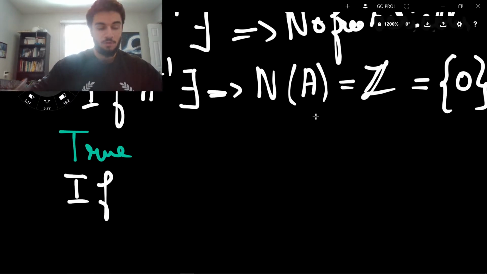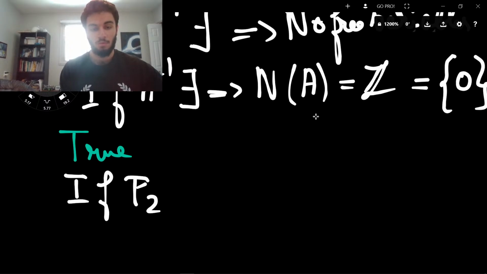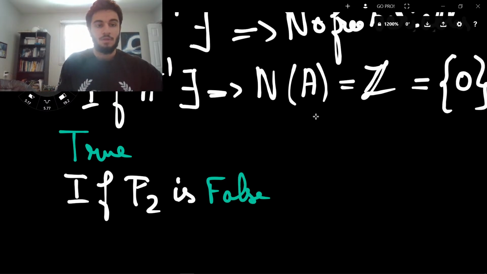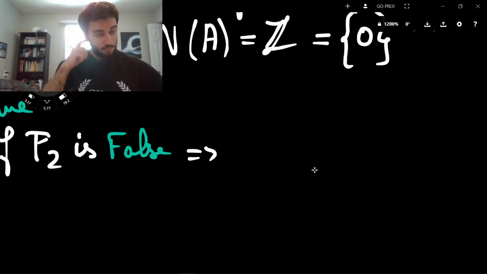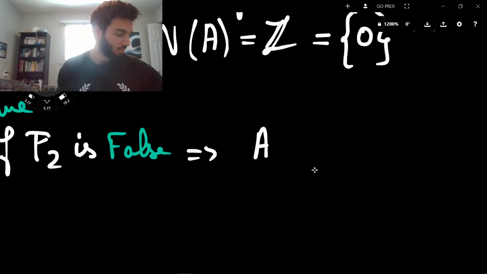So if P2 is false, well, this implicates that, let's say, A23.